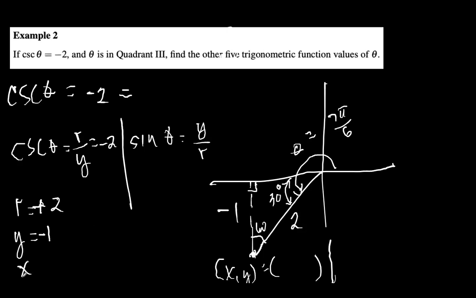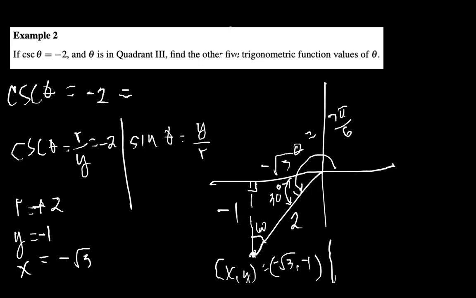What is our x? Our x is negative square root of 3. So we know right away, negative square root of 3. Once we get its coordinates, we're done. We got everything that we need. Okay? Understood? That's a common mistake.